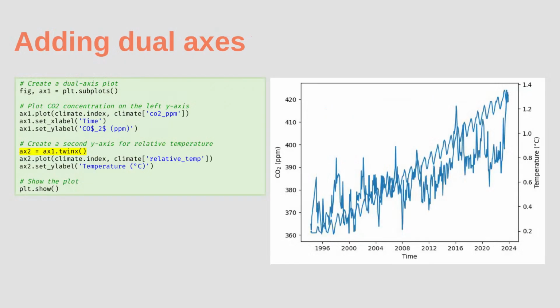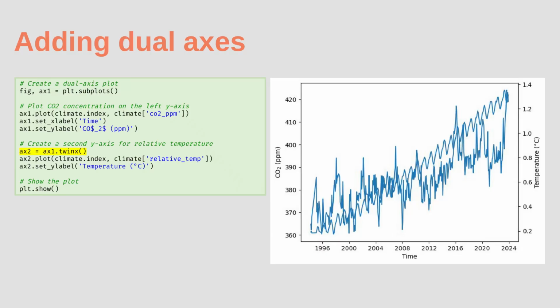You have already seen how to plot time series in separate subplots. This time we'll plot them together in the same subplot, but with 2 different y-axis scales. We start by plotting the first variable, carbon dioxide, on the main axis, setting it as ax1. Then we use the twinx method to create a second axis that shares the same x-axis but has its own y-axis.